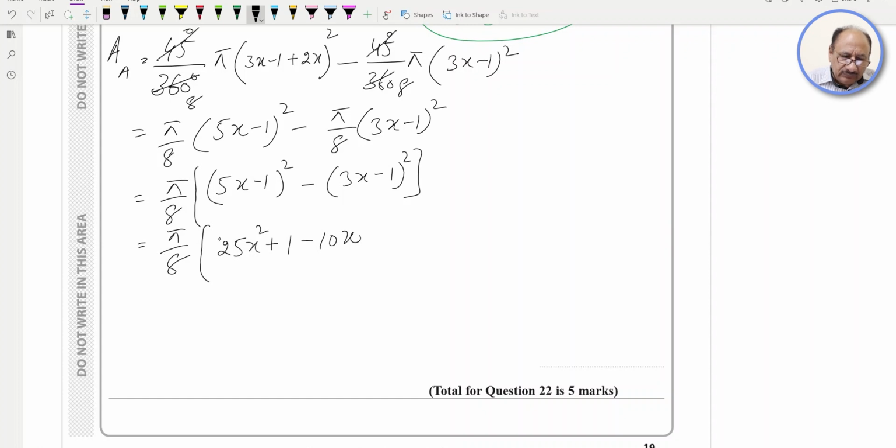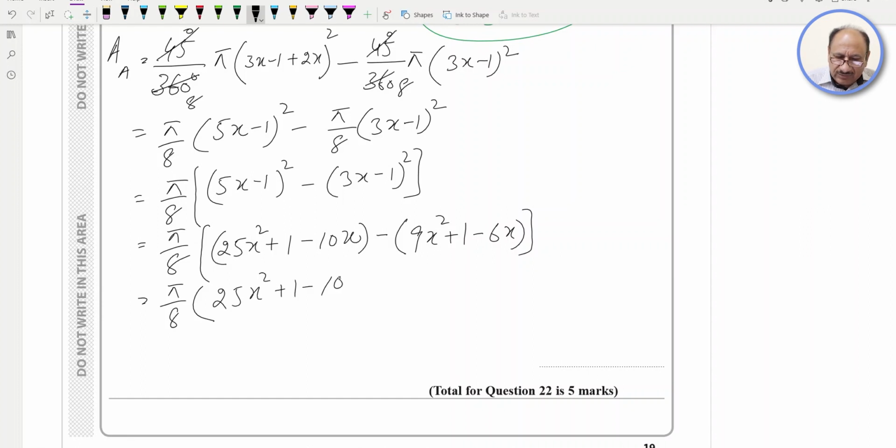We will put in brackets, and minus, next we will open the square of this, which will be 9x squared plus 1 and minus 6x, and bracket close. And now we can open this bracket, and this will be 25x squared plus 1 minus 10x and minus 9x squared minus 1 plus 6x.